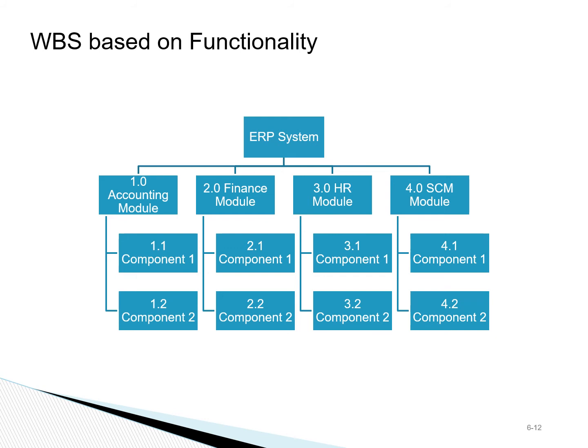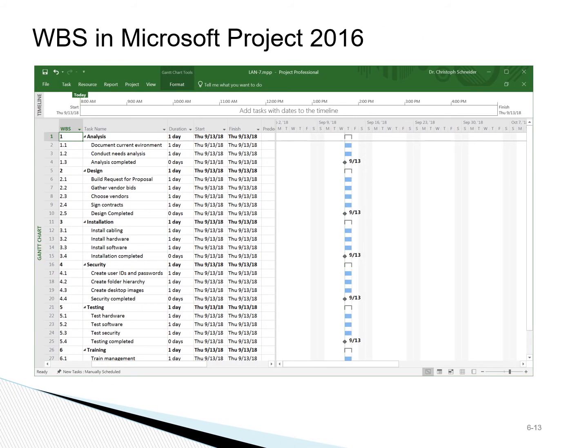And each of these modules can further be broken down into sub-functionalities, so that's another way of doing the WBS. In Microsoft Project, you can create activities and sub-activities as you decompose the project and basically set up the WBS in Microsoft Project very easily.